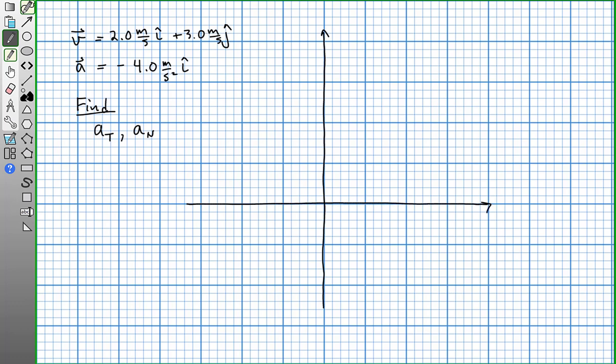Now, for perspective, let's superimpose the x-axes of both the velocity vector and the acceleration vector. So the y component of the velocity vector will be vertical, and we'll use this vertical axis to also represent the y component of the acceleration vector.